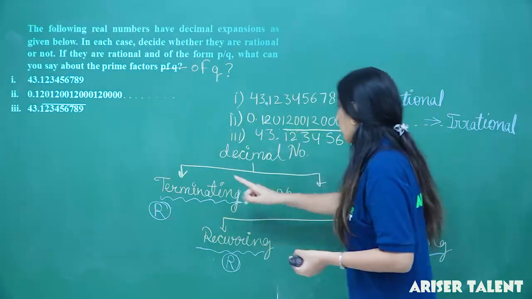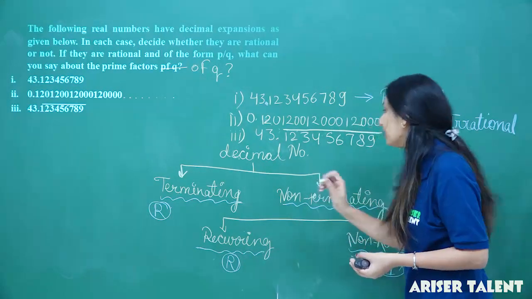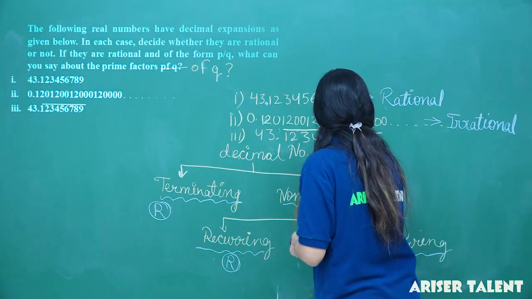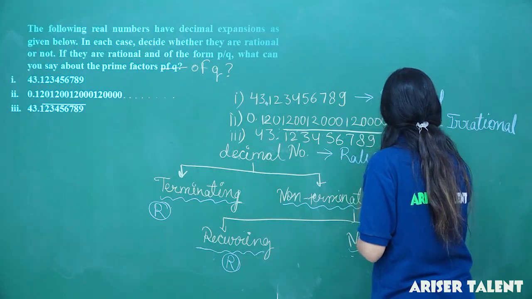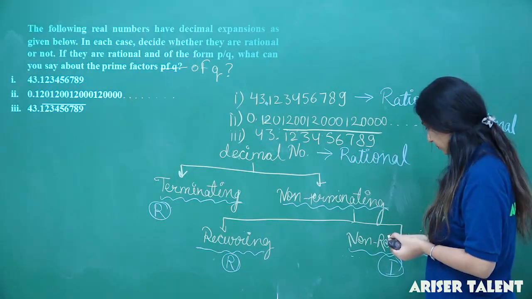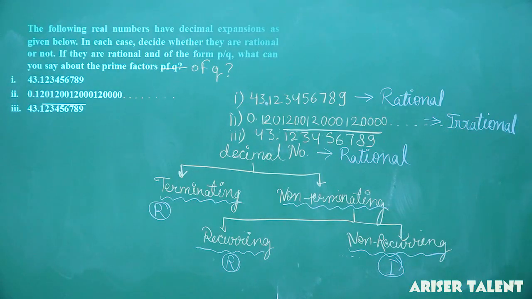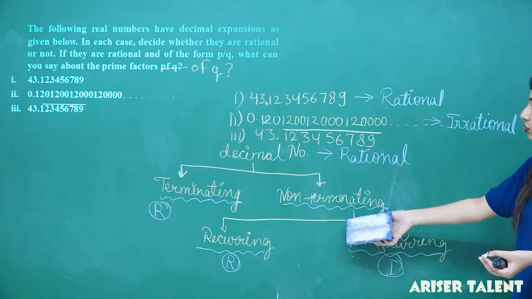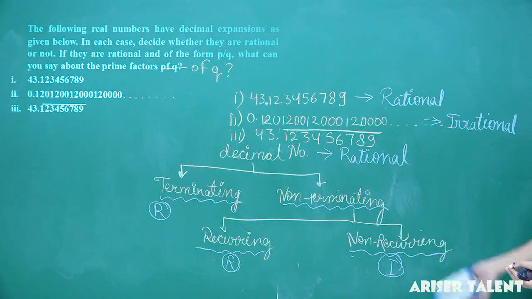Now non-terminating recurring is rational. So it's again a rational number. Okay. Note it. I have made this chart in a previous lecture also. This is just for understanding. So if you want to note it, you can.